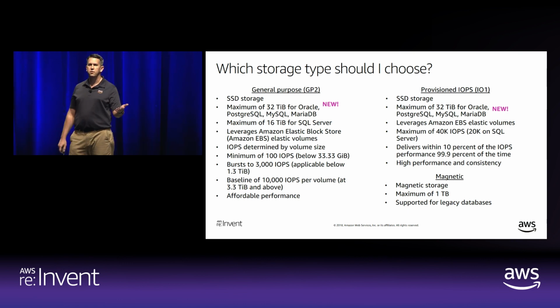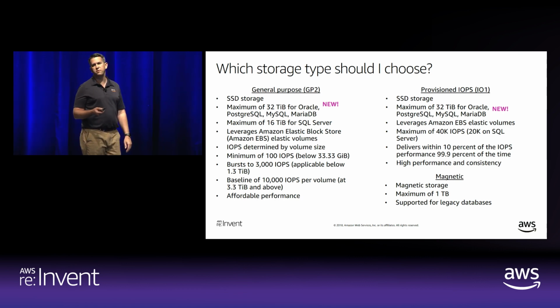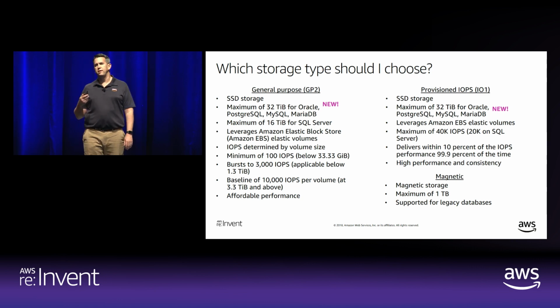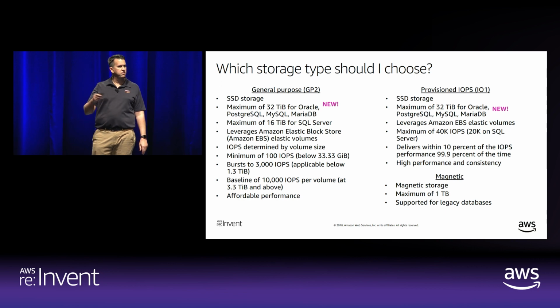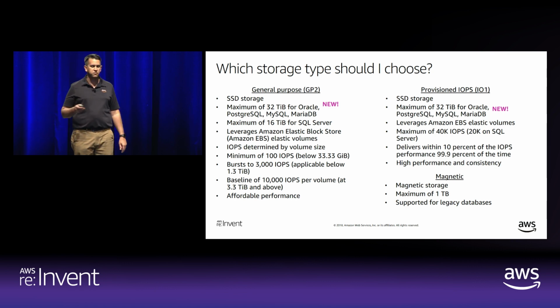So similar to the T2 bursting CPU, you can burst IOPS on GP2. Once again, it's a credit-based system. So if you're running GP2 and you're running a 100 gigabyte volume, and then you see your I/O suddenly drop out, you might want to go look in CloudWatch and make sure you're not running out of your burst balance.